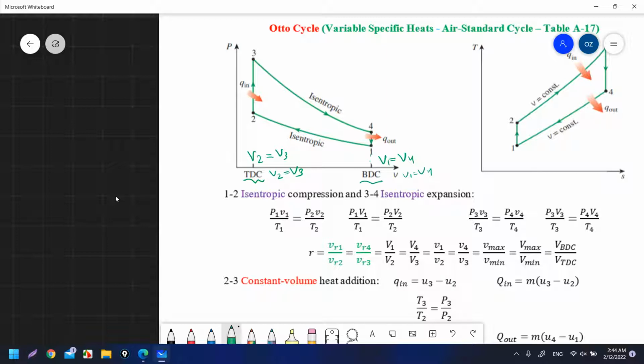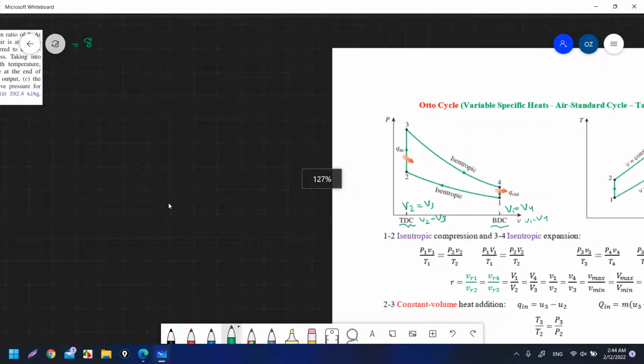You can write it in the specific volume, v1 over v2 and v4 over v3: the maximum volume or maximum specific volume over the minimum volume or minimum specific volume. It's also equal to the bottom dead center volume over the top dead center volume. So that is for r.